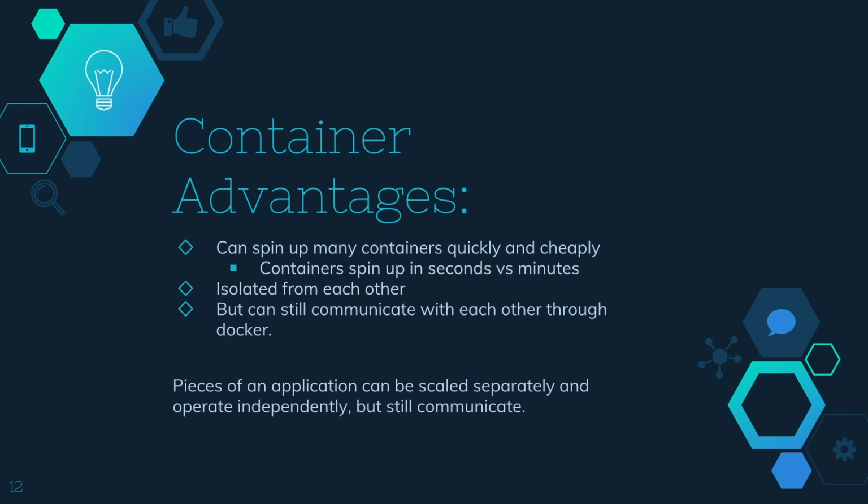So each container has, well, we'll show it here. Each container has the OS, your code, and any software that is required for it. The advantage of a container over a virtual machine is that you can spin up a container very fast.